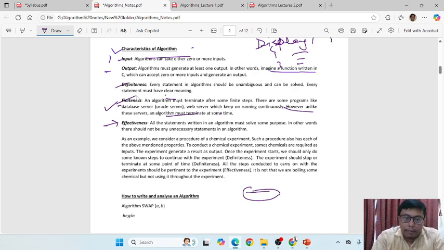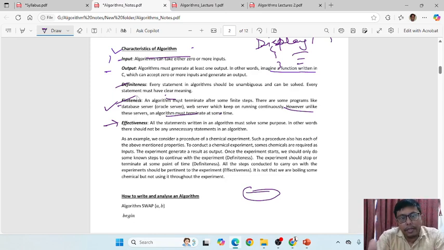So when you are performing an experiment, it may be a chemical experiment or a physics experiment which you perform in the physics or chemistry lab, an experiment is basically a procedure which has all these five properties which an algorithm also has.